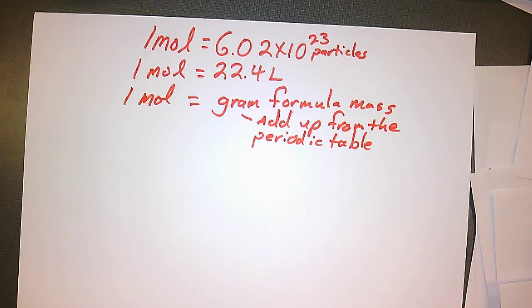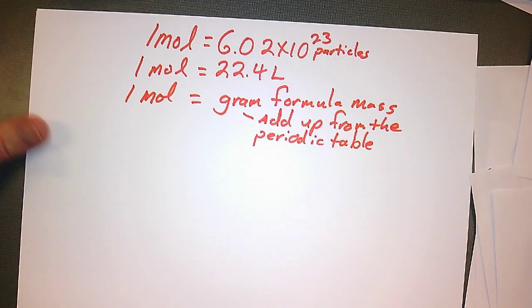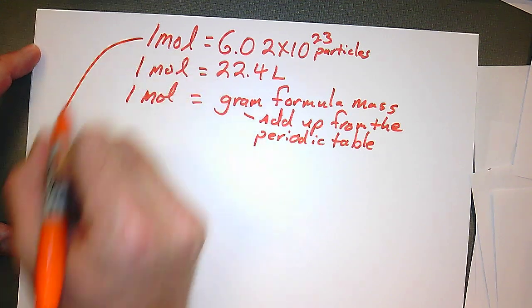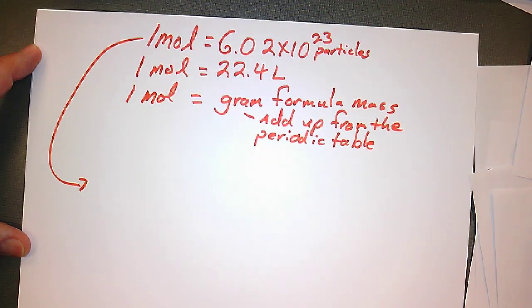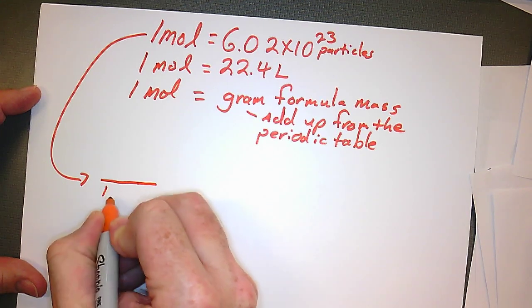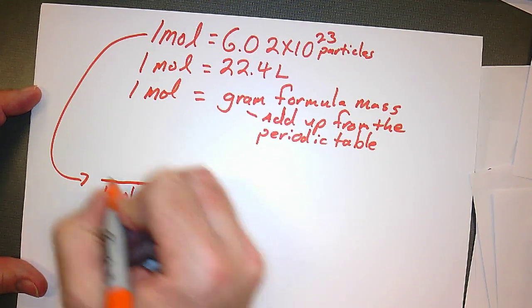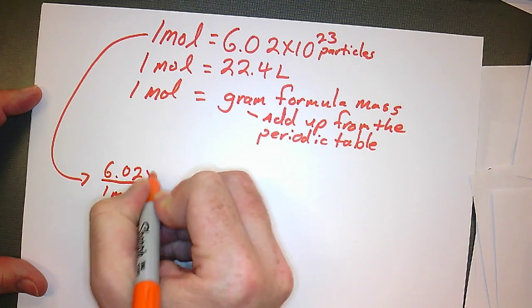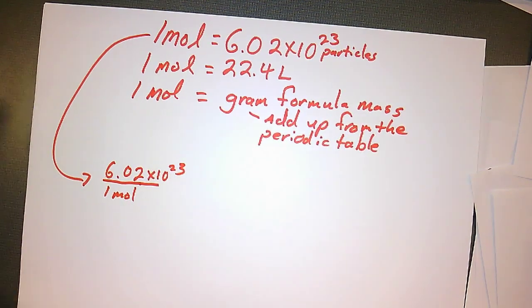Now, when we look at these, the way we use them is as a ratio. If we're looking at this one, there are two ways we can use it. If they give us the number of moles to start off with, or if we've calculated the number of moles, that means moles would be on top. So for our conversion, where would moles need to go? On the bottom. So when we start with moles, the 1 mole would be on the bottom, and 6.02 times 10 to the 23rd would go on top.